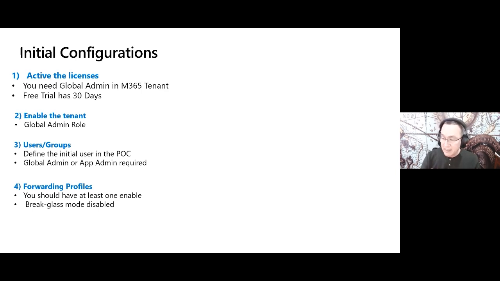So in this session, where you are already enabling a license and assigning users, you need to at least enable one single forwarding profile. This is important, and this is part of the day-to-day with the customers. According to how our clients work, the GSA clients, normally you install the client on the device.